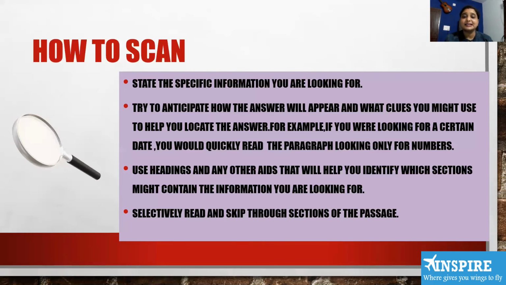Use headings and any other aids that will help you identify which sections might contain the information you are looking for. Initially, I told you to go through the headings and subheadings of the reading Part A to get an idea of what information is included in each passage. For that purpose, we use this scanning method to locate the answer.